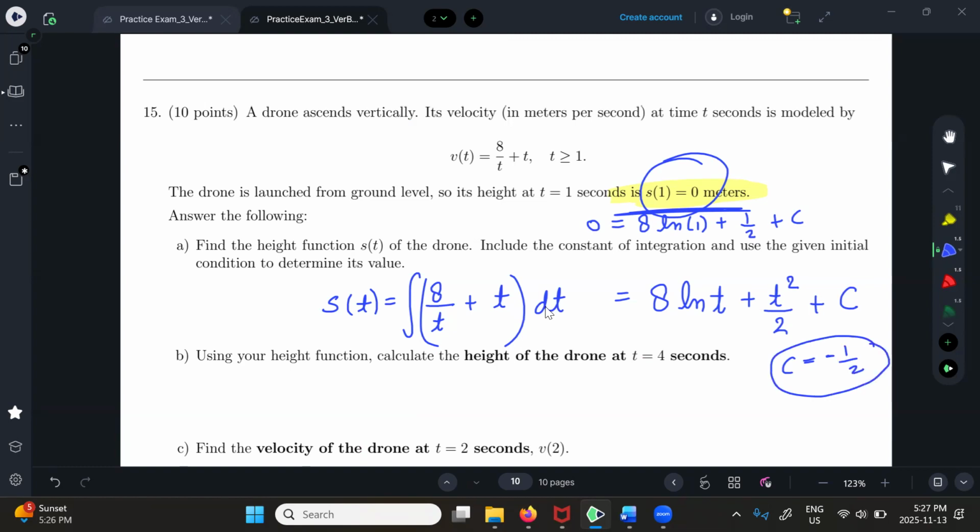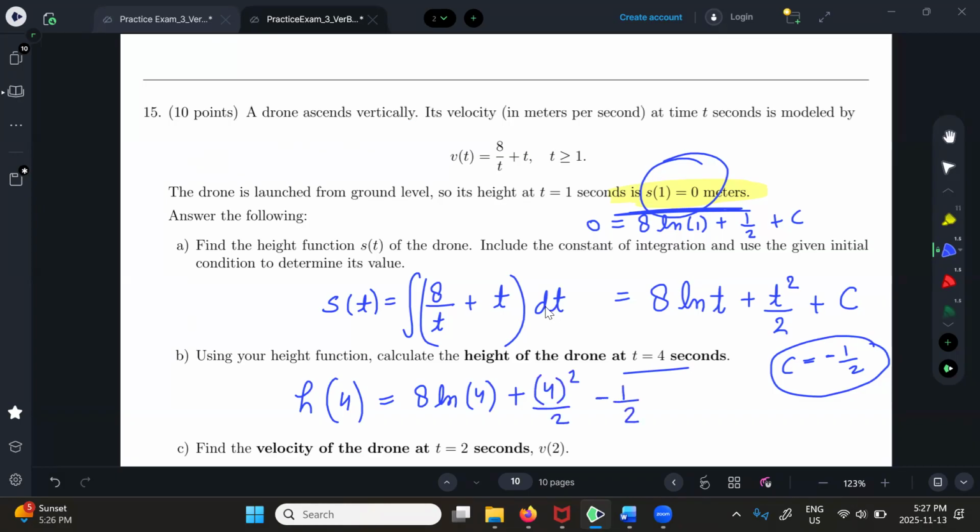C is negative half. That's it. Then you have to find the height of the function at 4. So plug in 4 here: 8 ln 4 plus 4 squared over 2 minus half.